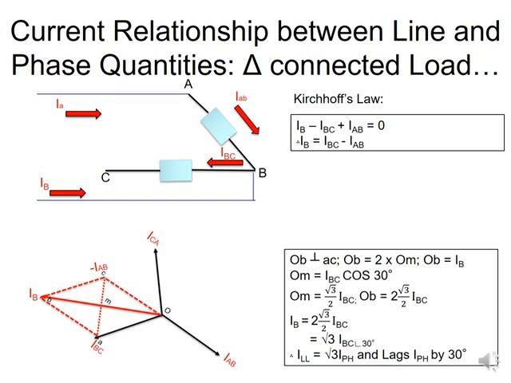I take the above again and I draw a phasor diagram. All right, so my phasor diagram is exactly the way that it was on the previous one. But now I'm looking at IBC, and since I'm looking at IBC, I know I must bring across my negative IAB.